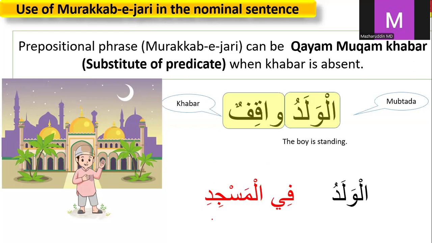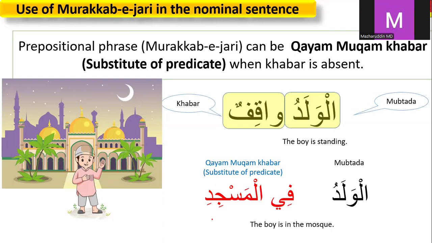It's qayam muqam khabar, that is substitute of predicate. Which substitute of predicate? Waqifun, because waqifun is dropped here. So al-waladu is mubtada, and fil masjidi, qayam muqam khabar. Substitute of predicate. What was your actual predicate? Waqifun. But now it is dropped because it is absent. So here I can say fil masjid is qayam muqam khabar.